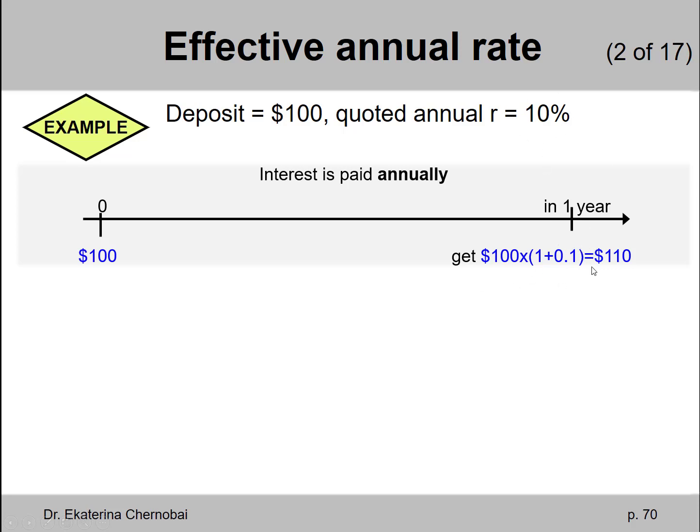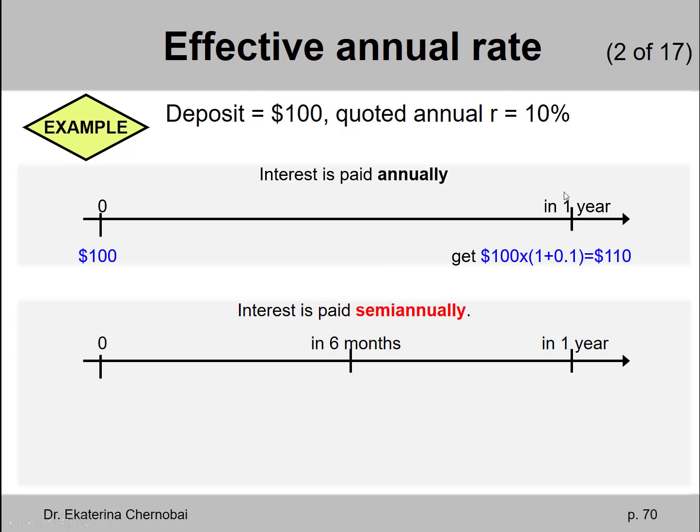So at the end of the year, you have $110, which is calculated by taking the $100 that you started with and adding 10% interest to it. So 100 times (1 plus 0.1) equals 110, right? In this case, interest is paid annually. Once a year, you see more money in your bank account.